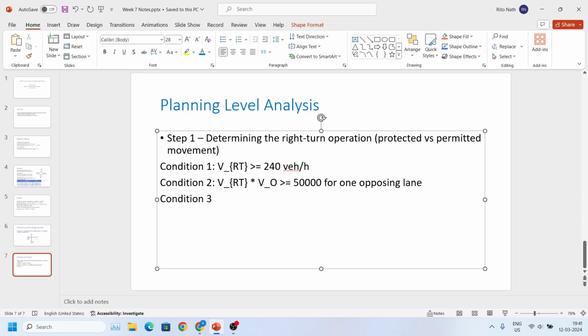The third one is that there is more than one right turn lane.